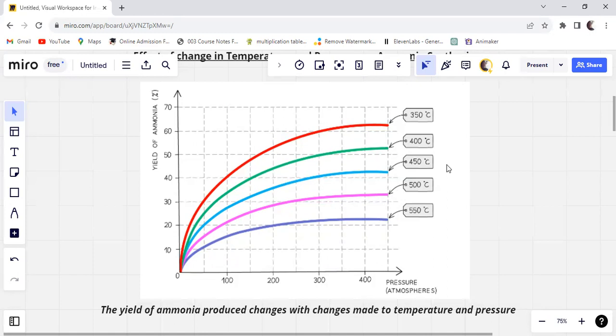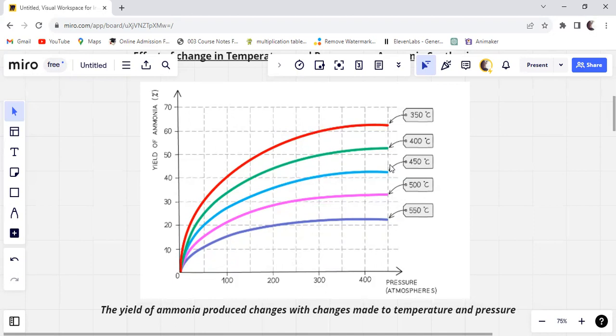So what happens in this case in the production of ammonia? Lower temperature gives a higher yield, but we aren't operating at 350. We have maintained it at 450 degrees Celsius. Why is this so?